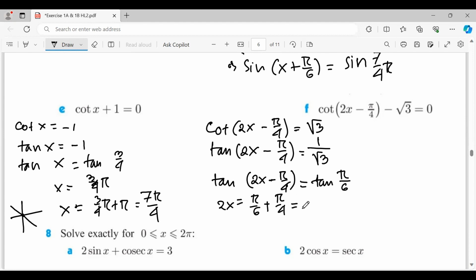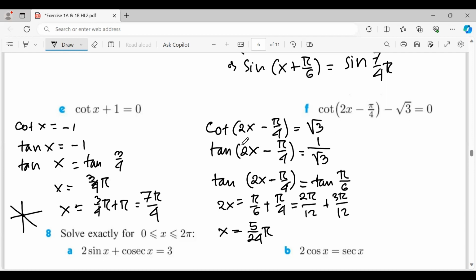It is 12 as well, the denominator: 2 pi, 3 pi, so this is 5 pi. So x equals 5 over 24 pi.